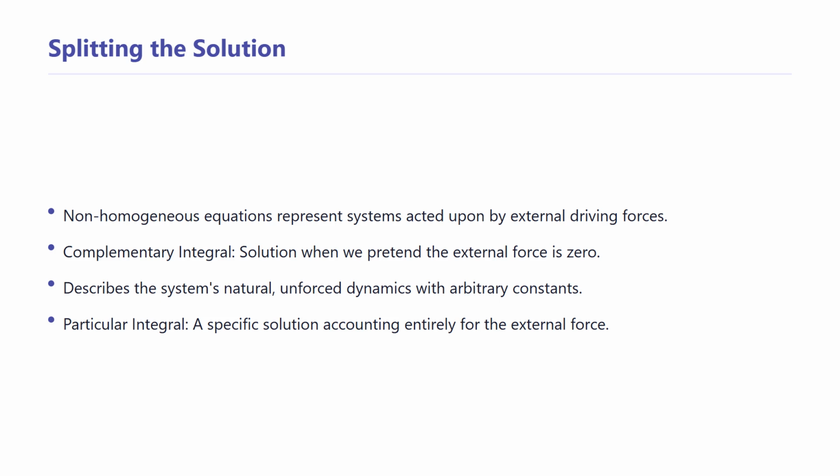We find this by temporarily pretending the external force is zero. It contains arbitrary constants and describes the system's natural, unforced dynamics, just like the bicycle's natural bounce. Second is the particular integral. This is a specific solution that accounts entirely for the external force, containing no arbitrary constants. Together, they give us the complete picture.